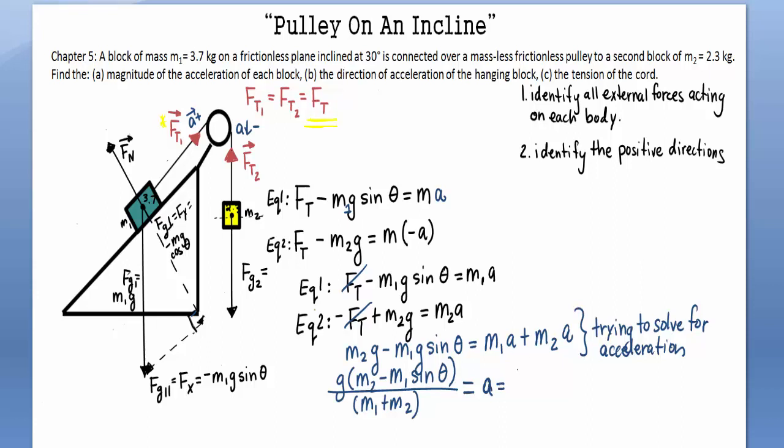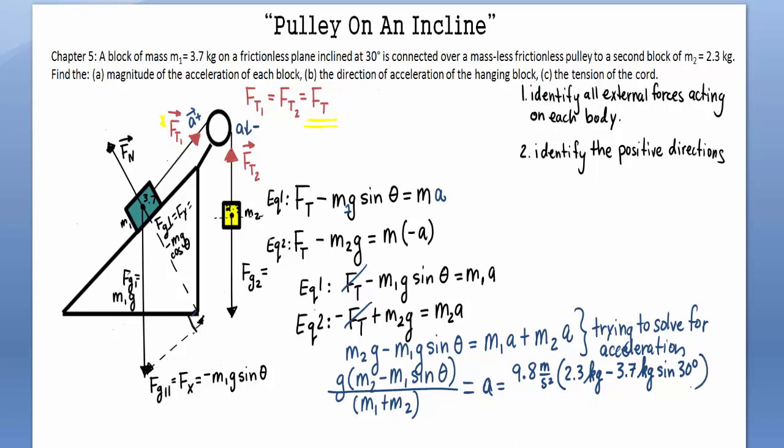That's going to be 9.8, let me write out the correct units, 9.8 meters per second squared times M2, which is 2.3 kg, minus M1, 3.7 kg, times the sine of 30 degrees.